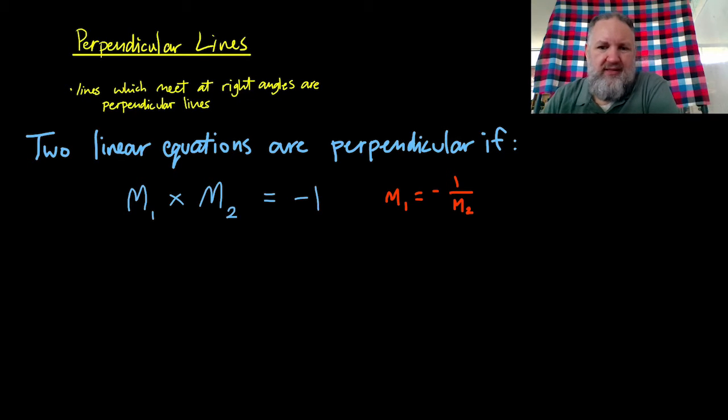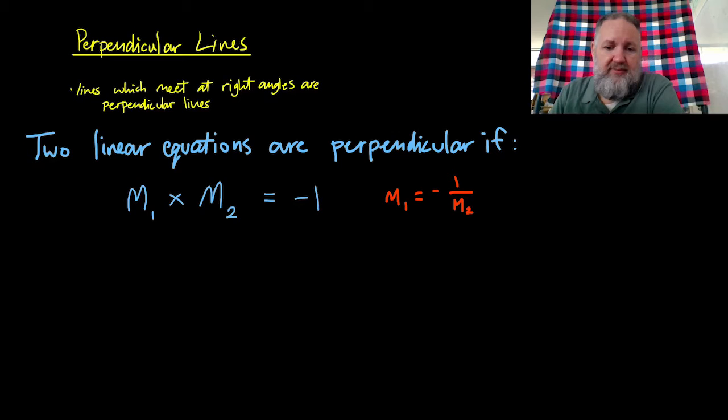In all honesty, you can see why this one that I've just written in red works. If we got m1 by itself over on this side, we would need to divide both sides by m2, and that leaves us looking like this. So it doesn't matter if you remember just this, or if you remember that it can be expressed like this, because you'd use this to work that out anyway.